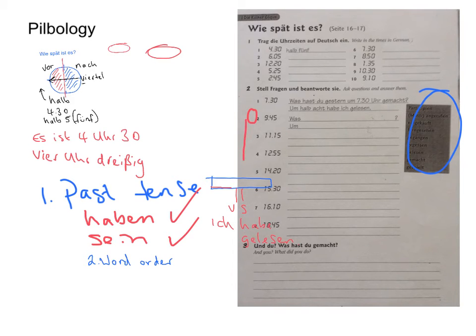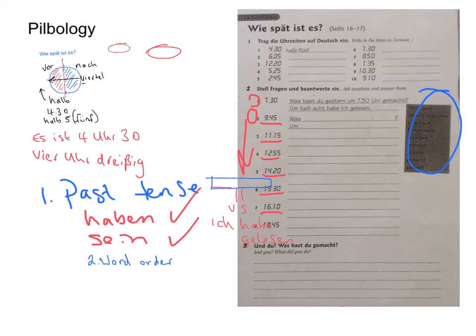So what do I now expect you to do with these on downwards? You have to formulate a question using number 1 as an example. So, was hast du gestern 7:30 Uhr gemacht? Well, you would then need to formulate the same question, but for 9:45, 11:15, 12:55, 14:20, or 2:20, 3:30, and 4:10, and 6:45.